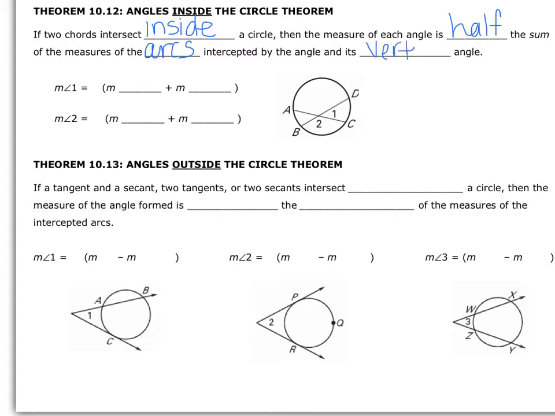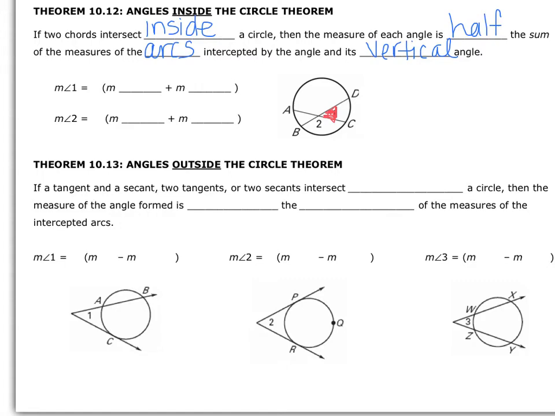So let's kind of break that down. What does that mean? All right, so this angle right here, number 1, this angle in here. You can find the measure of that angle by taking half of the sum of the intercepted arcs.